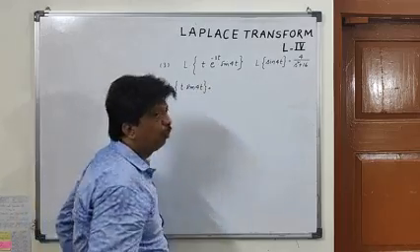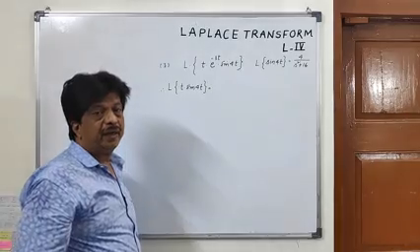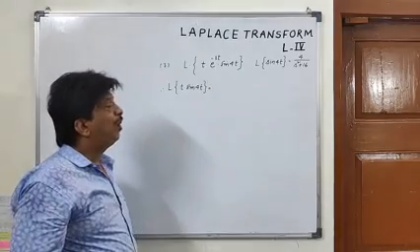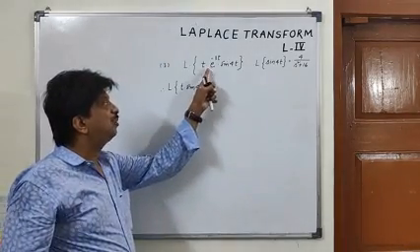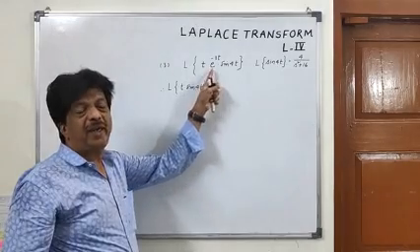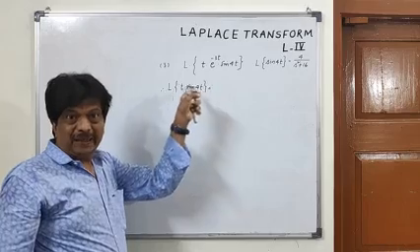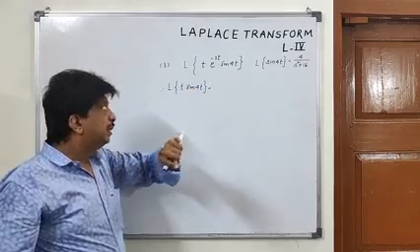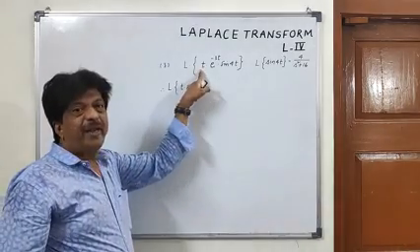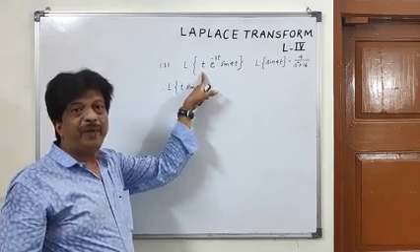Now, see here, I am not finding the Laplace transform of e raised to power minus 3t into sine 4t at this step. Perhaps I am first multiplying by t and using the multiplication by t property.